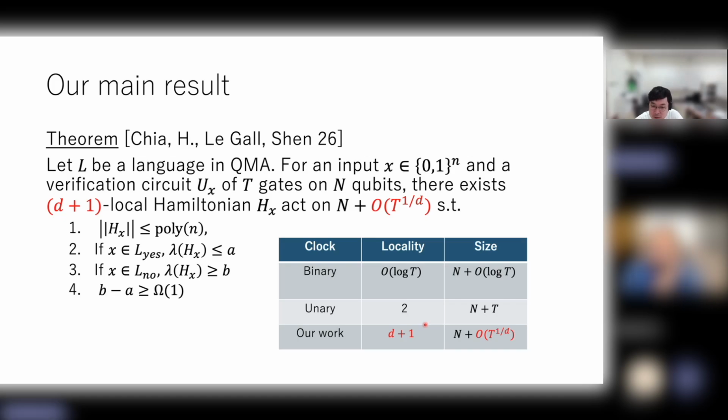I think their results are very interesting. Our work gave a new upper bound on the size and locality trade-off, and in general, it would be very nice to have a lower bound for the trade-off.